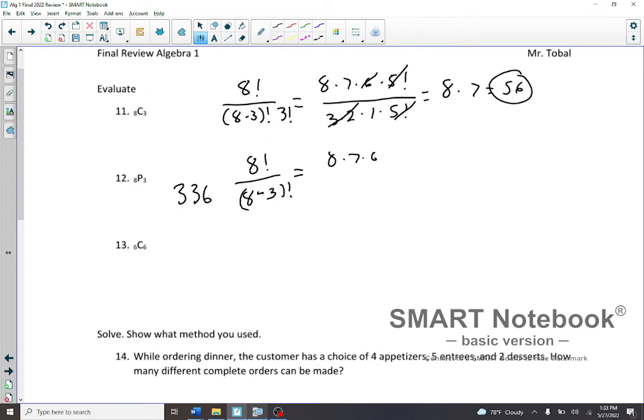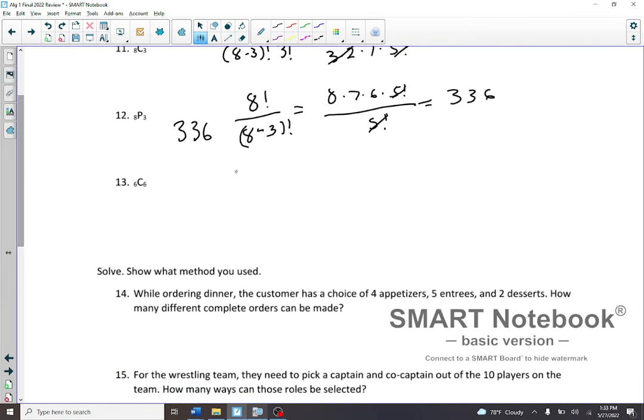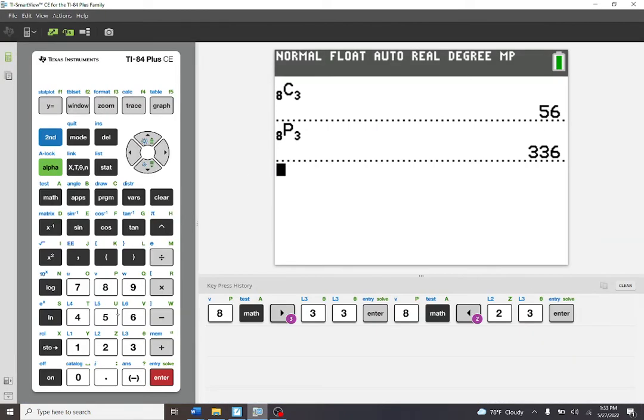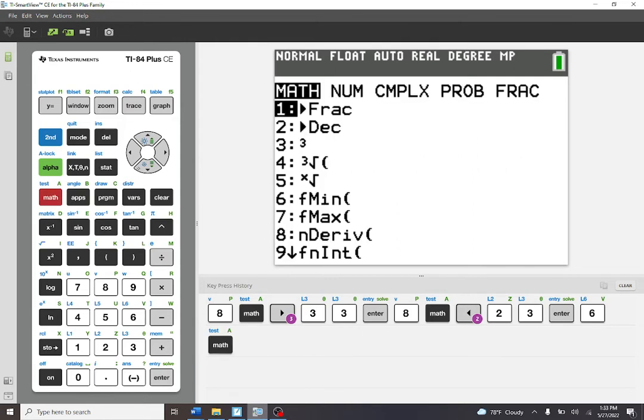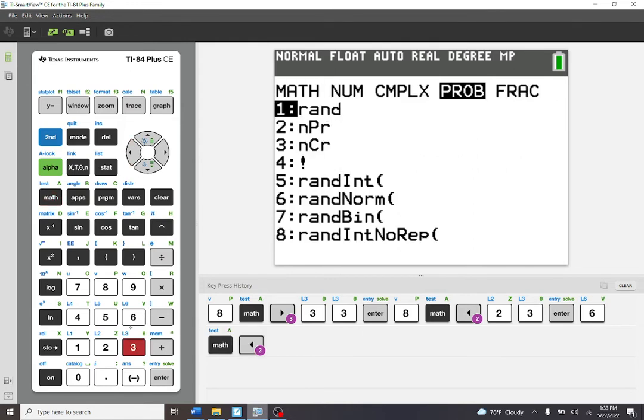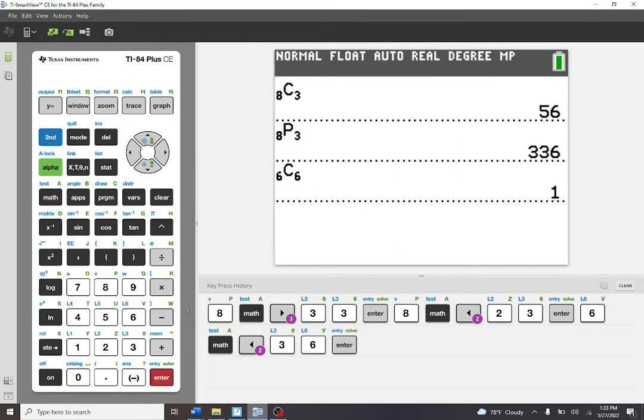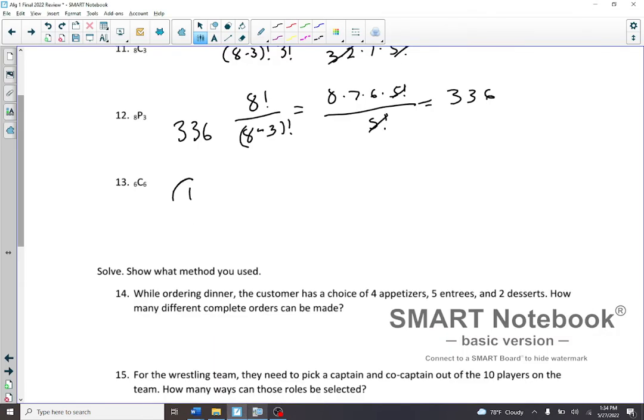So 8 times 7 times 6 times 5 factorial over 5 factorial, cross that out, equals 336. I will not show you how to do it by hand anymore because I'll just use the calculator. Choosing 6 from 6, so 6, math, option 3, 6, that's a 1, so 1.